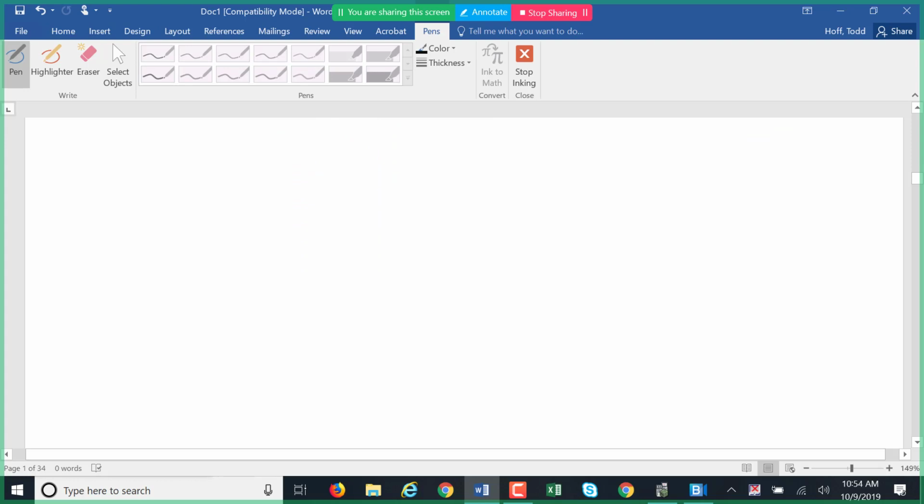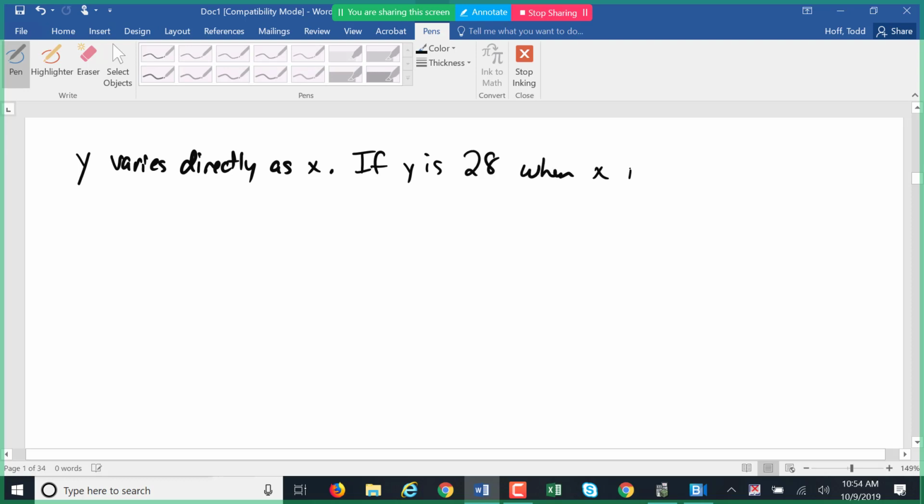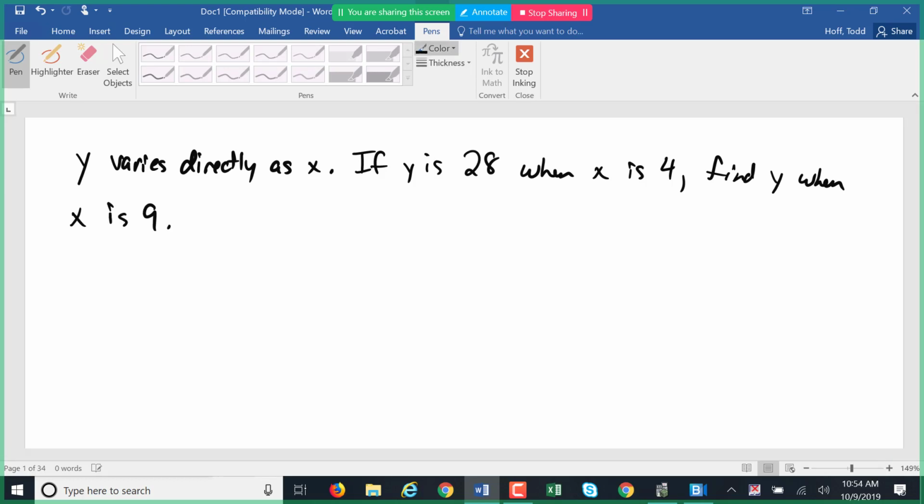Well, we can take it another step further. Y varies directly as x. If y is 28 when x is 4, find y when x is 9.